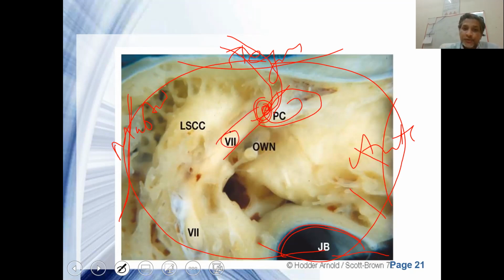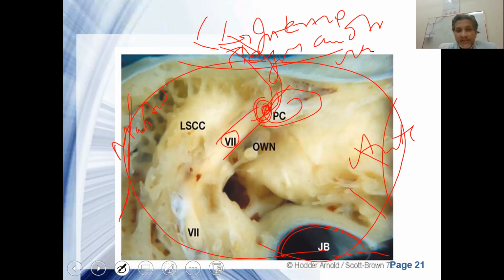So the facial nerve enters in the temporal bone through the internal auditory meatus, along with the eighth nerve, the vestibulocochlear nerve, and traverses the temporal bone through what is also called the labyrinthine segment of the facial nerve, then appears first time into the middle ear, just inferior to this processus cochleaformis, about 2 mm.